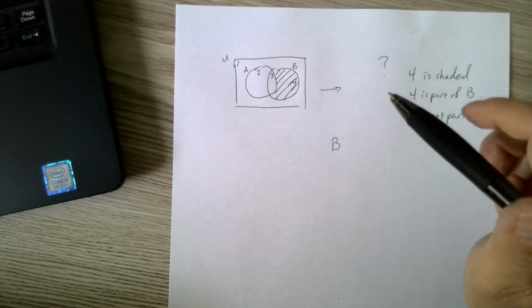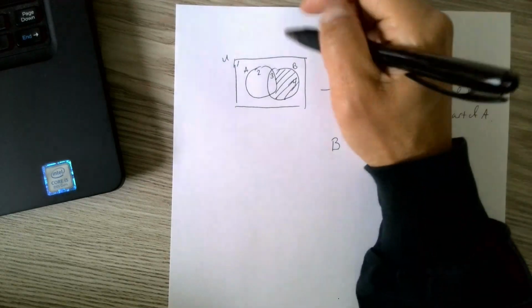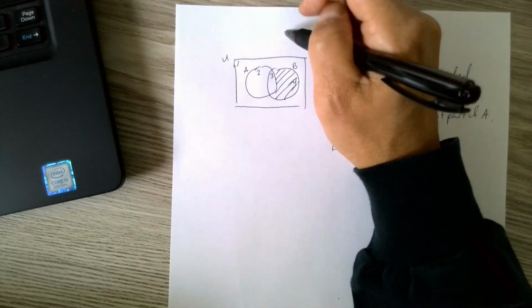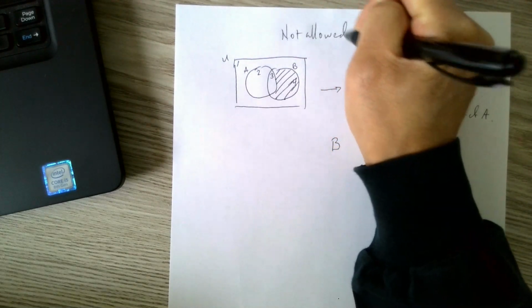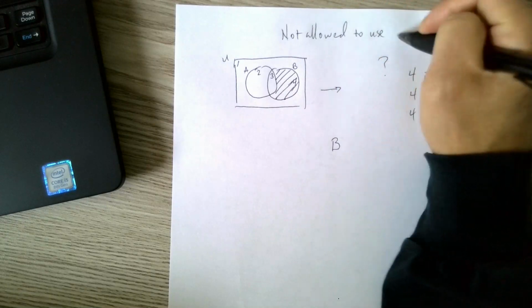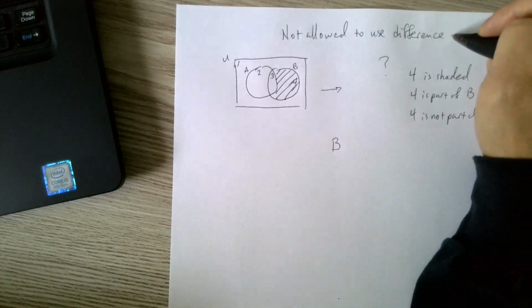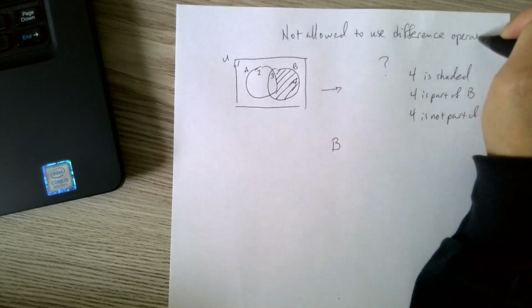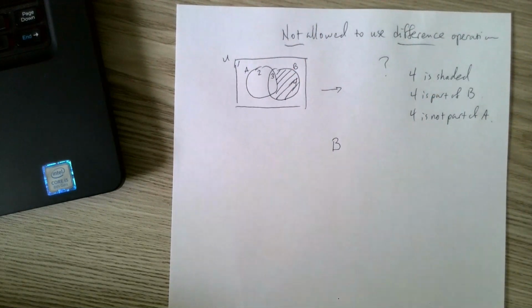And I want things to be a little harder in this case. So I'm going to say not allowed to use the difference operation because that just makes it too easy. So not allowed to use difference. Okay, so we have to use intersection if we're going to remove part of a set.